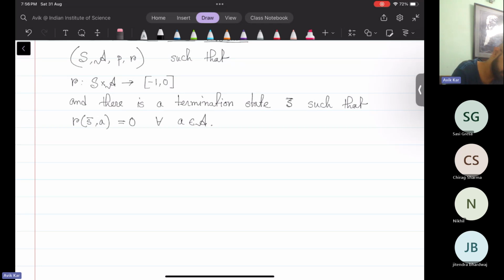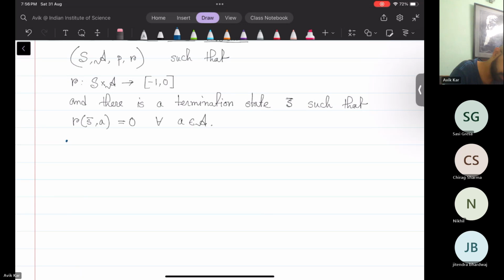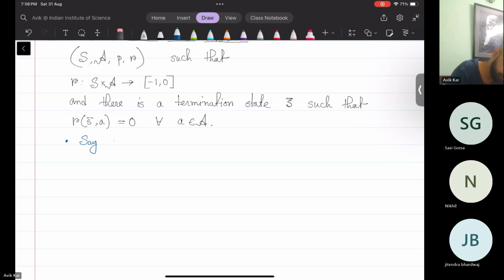And say you are guaranteed, under policy pi, to reach this s bar with probability 1.